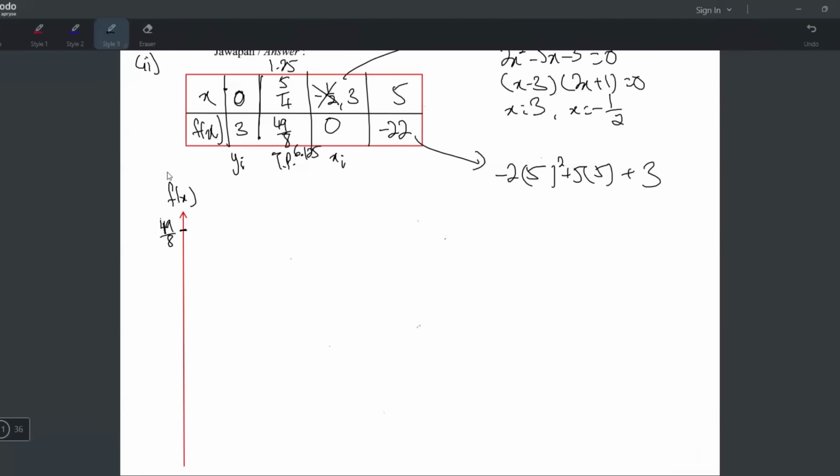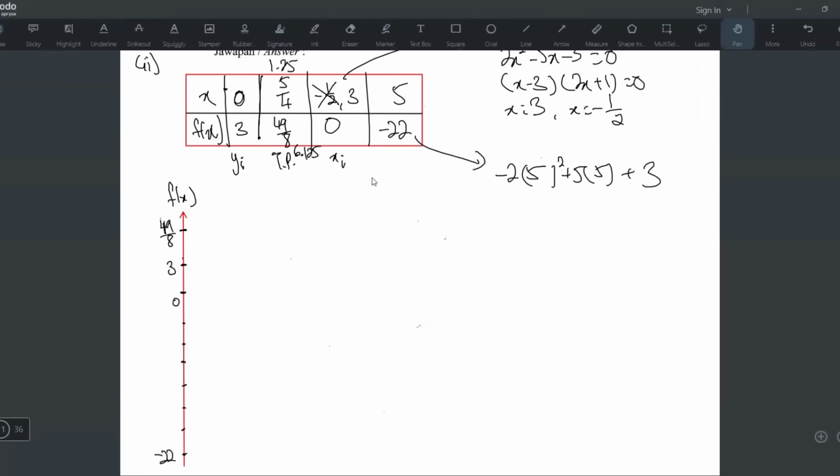Maybe you do like that: 6 and then 3 and then 0, and then -3, -6, -9, -12, -15, -18, and then -21, so -22 is roughly here. You don't have to write all the numbers, only write the numbers you use, which is 0, 3, 49/8, like that is enough.